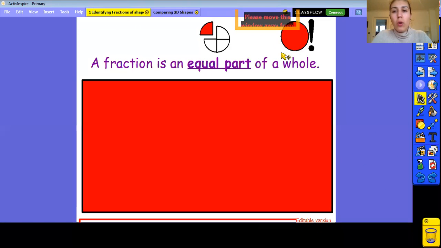So you have a whole, and that whole could be a shape, it could be a number, it could be a series of objects, but you have a whole amount. And when you cut that whole amount up into equal parts, then that part is a fraction of the whole. So a fraction is an equal part of a whole.